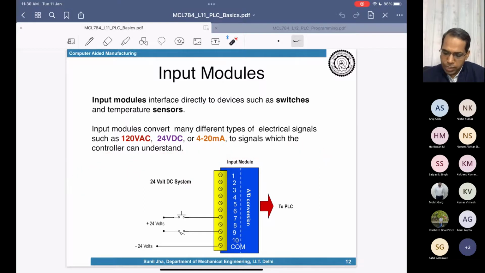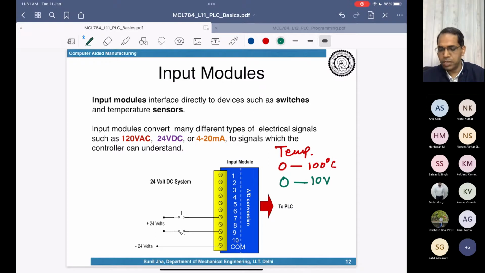So let's say I am using a temperature sensor reading 0 to 100 degrees centigrade, and then I will be getting 0 to 10 volt as an output from this. That is how the mapping happens in analog sensors.